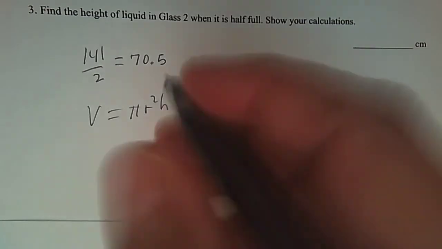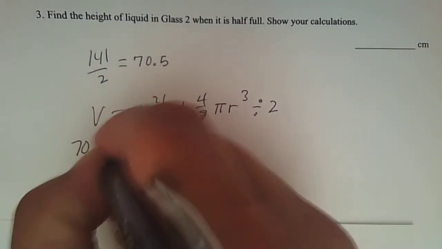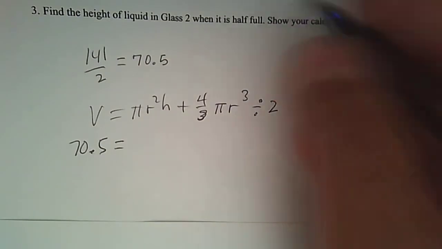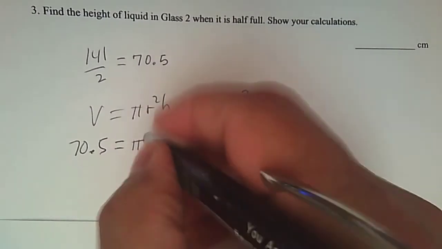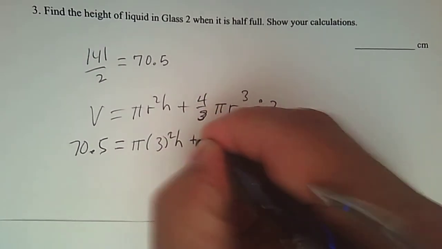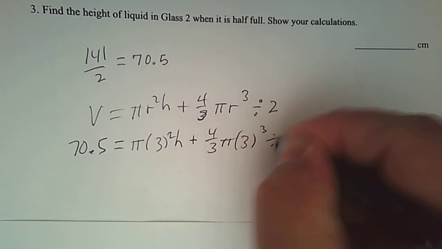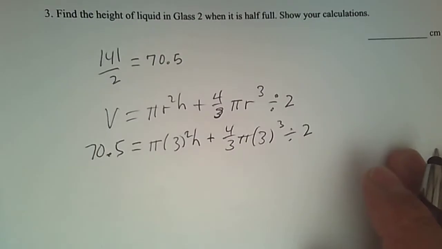Now we know the radius and we know the volume, but we don't know the height. So we have 70.5 as the volume. The radius is 3, and we're trying to solve for the height. So those are all your values. We're trying to get h by itself.